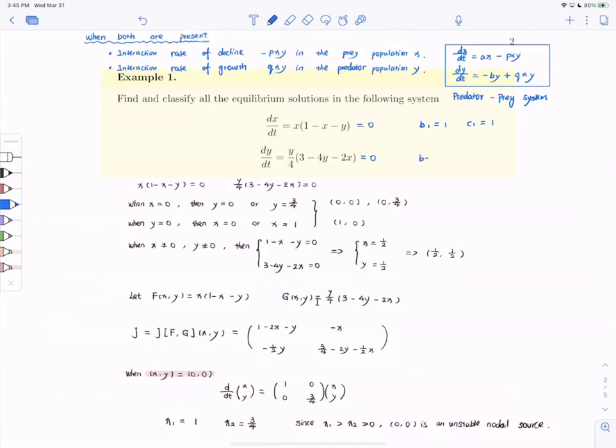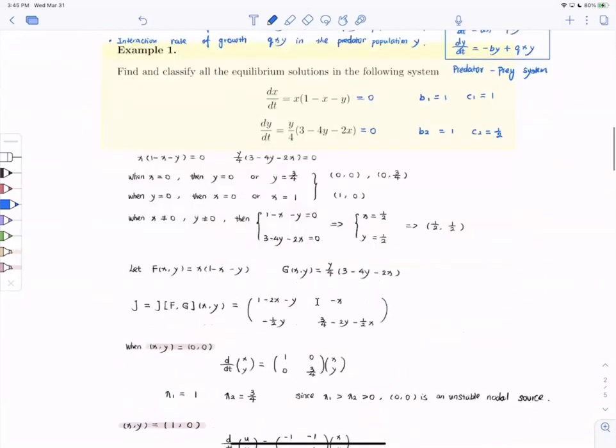What about b2? b2 is 1, and c2 is 1/2. So now b1b2 equals 1, which is greater than c1c2, which is 1/2. So can they coexist? Yes, b1b2 is greater than c1c2, which means they can coexist.